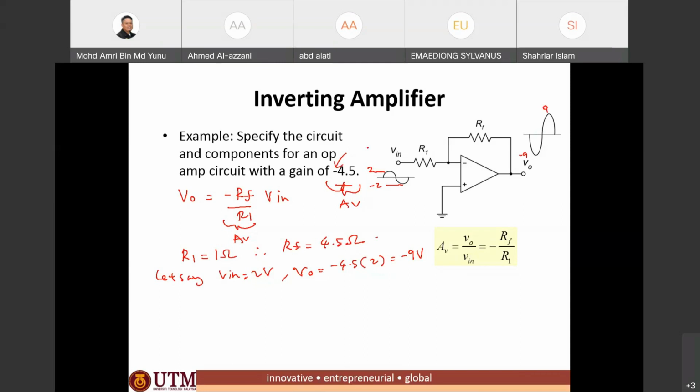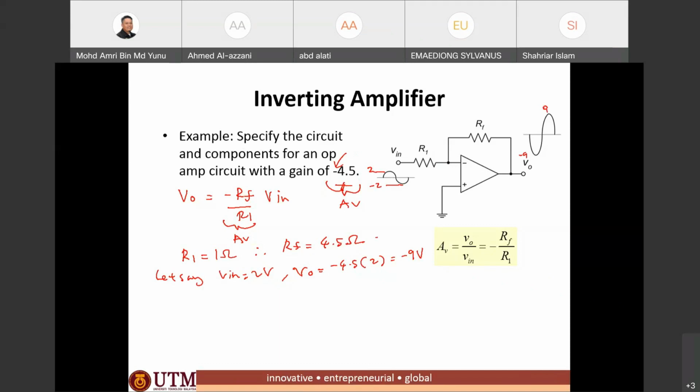But in general, this is an amplification process, right? So the idea here is we want to estimate the values suitable for R1 and RF if we want to create an inverting amplifier with a gain of negative 4.5.